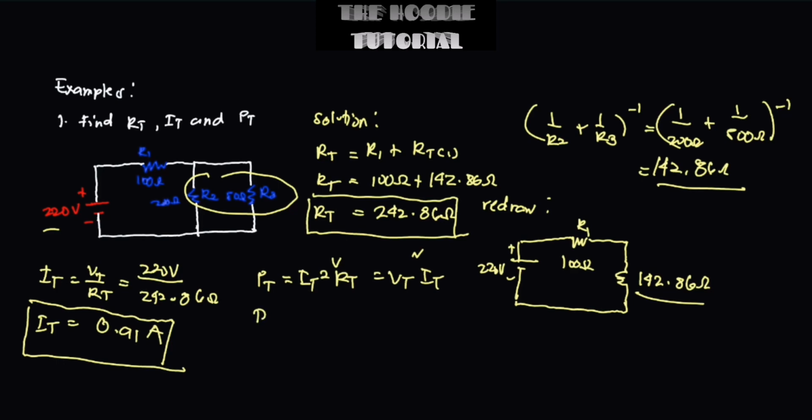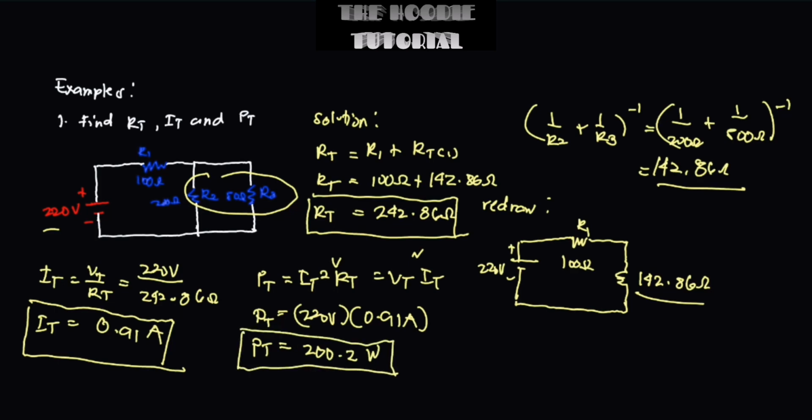So let's use this one. Our VT is 220 volts multiplied by our IT, 0.91 amperes. Therefore our total power is equal to 200.2 watts. So this would be our total power. That's it for example number 1. Let's go to example number 2.